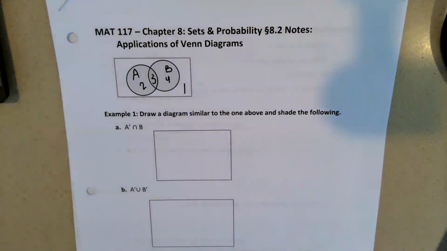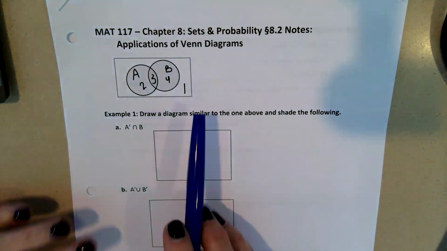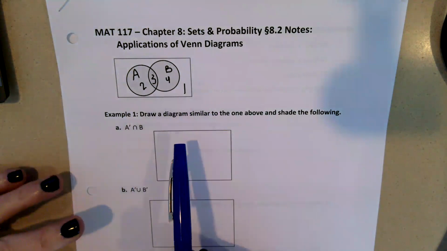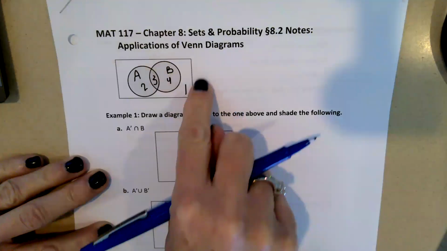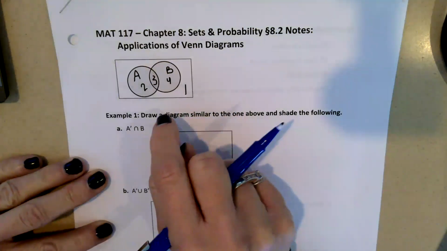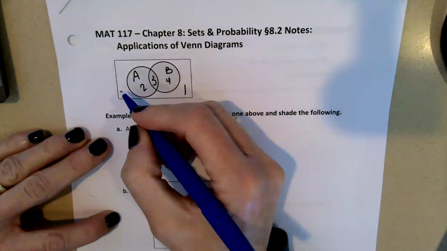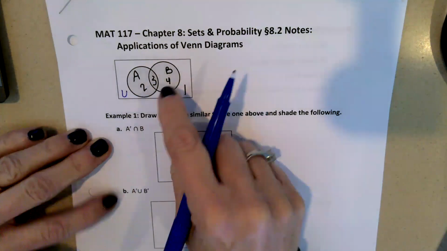In 8.1, we talked about sets and subsets. Using a Venn diagram is a way for us to get a visual picture of sets and how they're related. So for instance, this Venn diagram here, this is what's called the universal set.